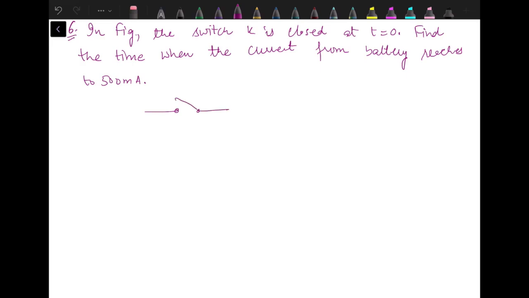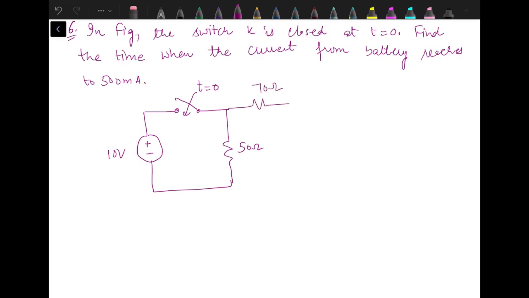Here we have a switch which is closed at t equal to 0. Fifty ohm resistance, 70 ohm, 100 microfarad.